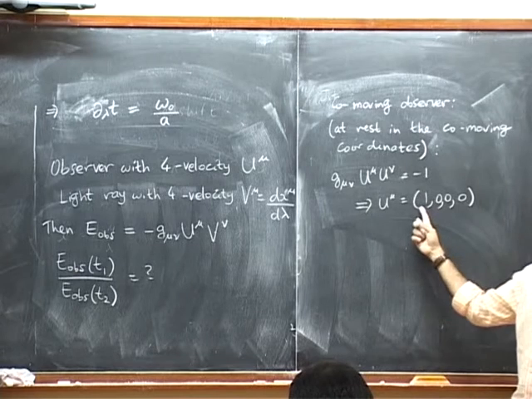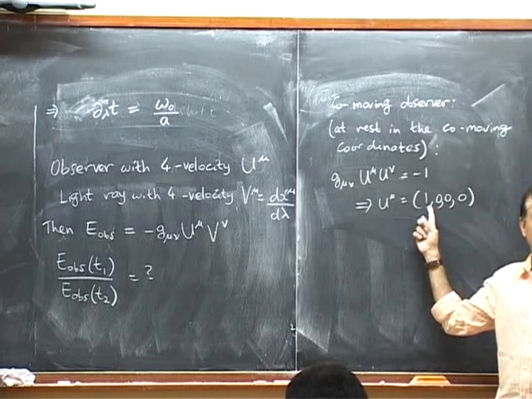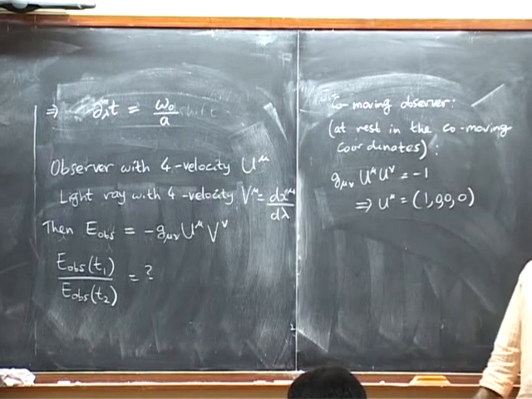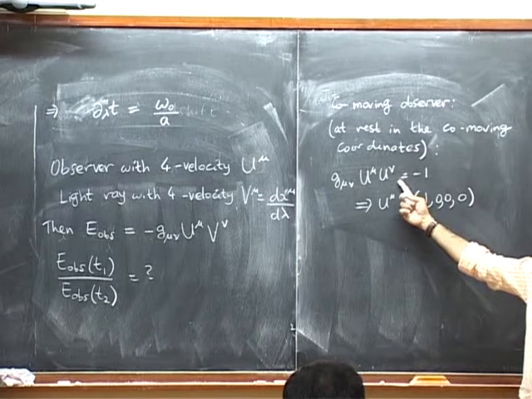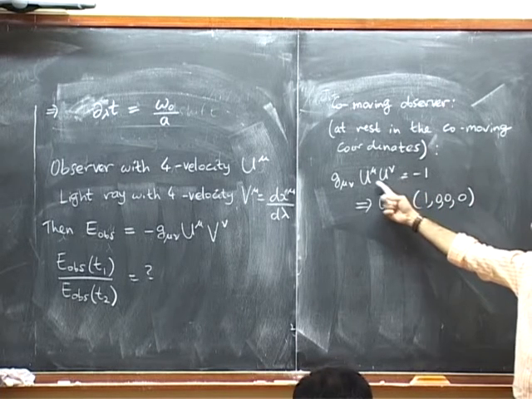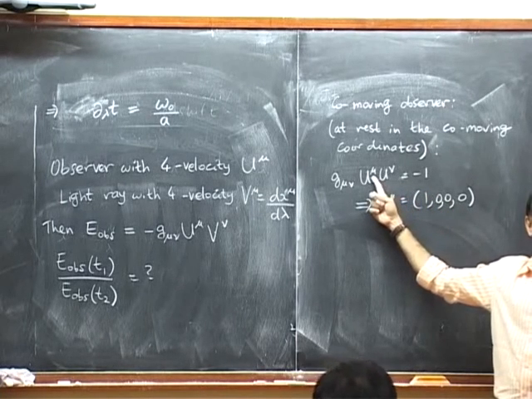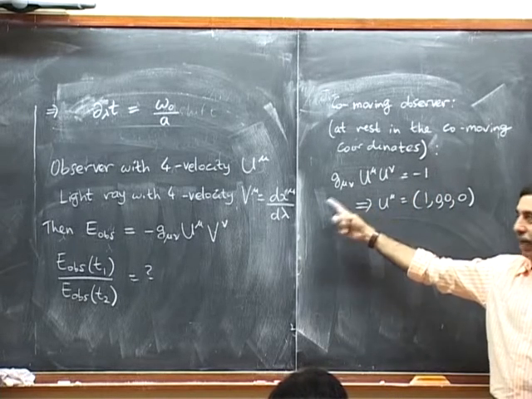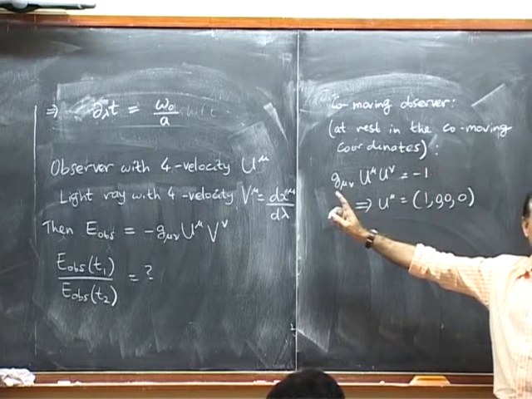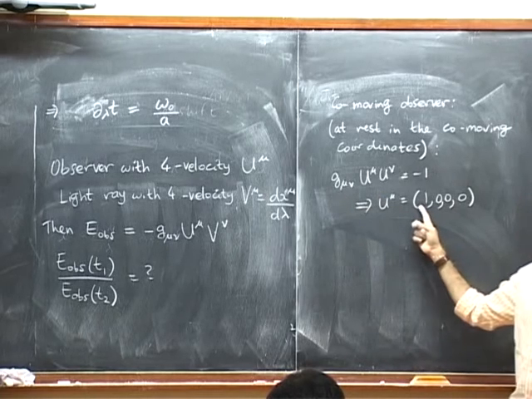So here the redshift must come from some other effect, not from G00. This is the solution to this equation for an observer at rest. Because rest means u0 is non-zero and all the other components are 0, then normalizing it with G00 being given by the Friedmann-Robertson-Walker form as -1, this is the solution.